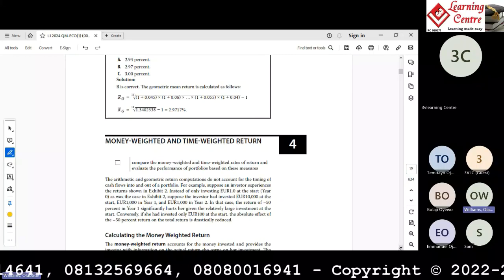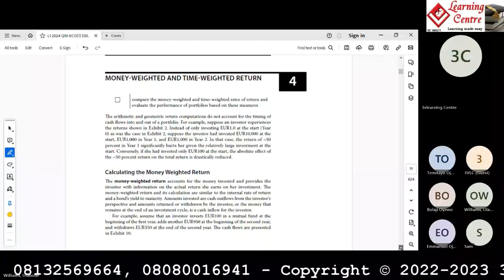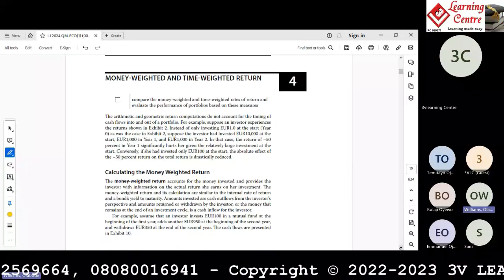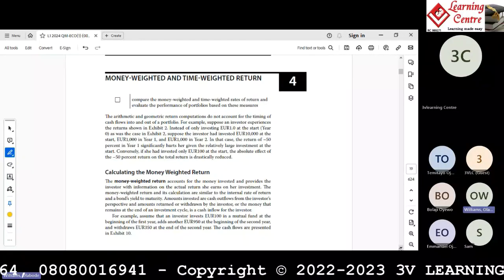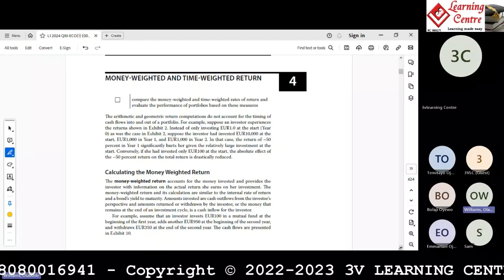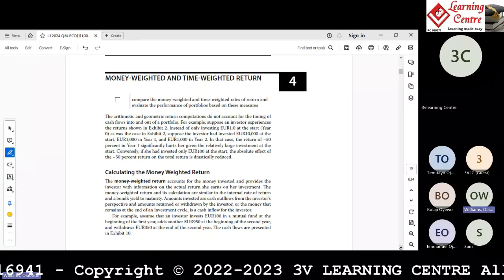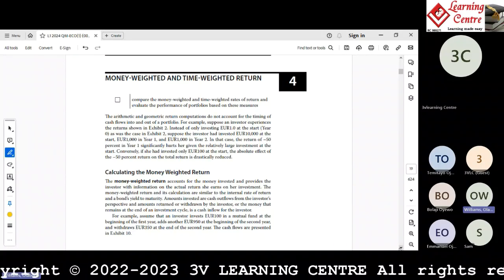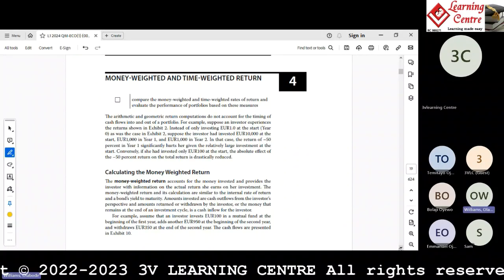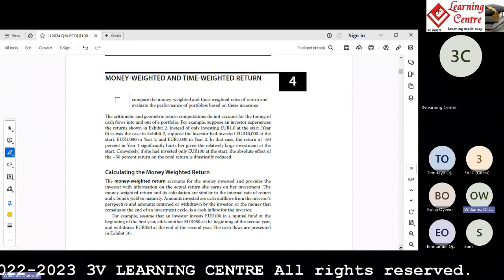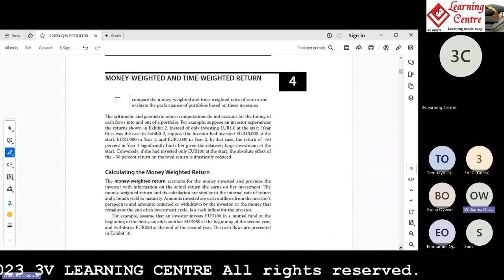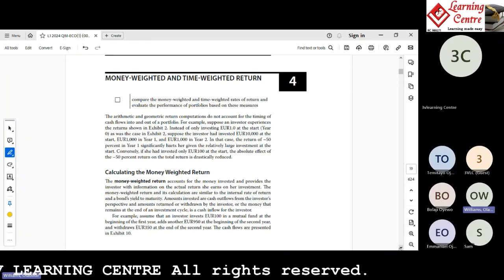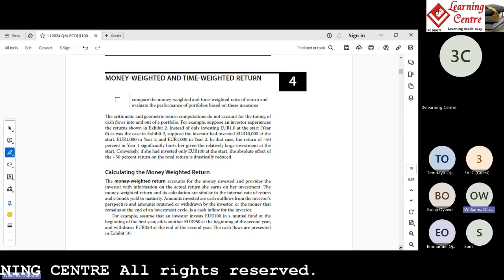The money-weighted return accounts for the money invested by the investor. It accounts for inflows and outflows of the monies invested by the investor. And your money-weighted return is also equal to your IRR. In fact, you calculate money-weighted return by finding IRR. That is the internal rate of return.